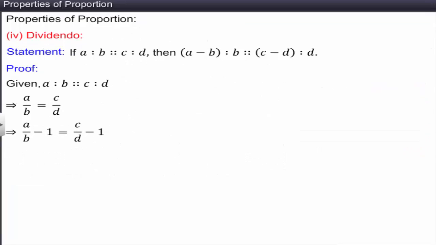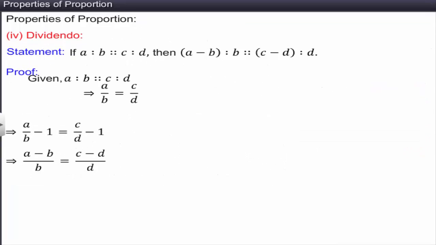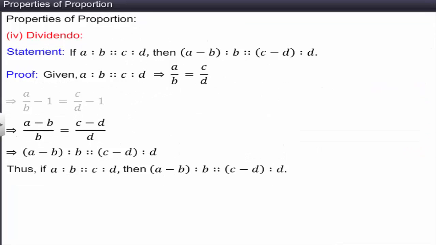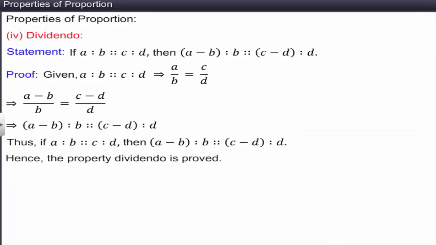On simplification, we get A minus B divided by B is equal to C minus D divided by D. It can also be written as shown here. Thus, A is to B is as C is to D implies that A minus B is to B is as C minus D is to D. Hence, the property dividendo is proved.